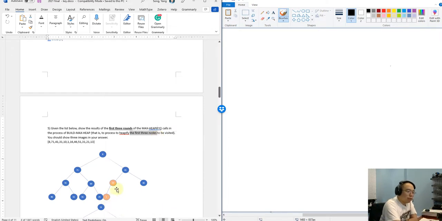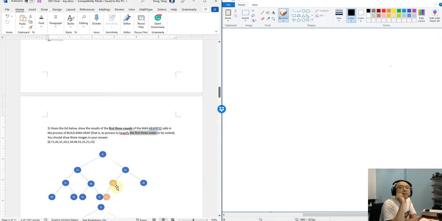So if we visit all the nodes in the array from the tail to the head, this is a leaf, this is a leaf, 31 a leaf, 51 a leaf, 46 a leaf, and 16 a leaf. And then we have the 13.